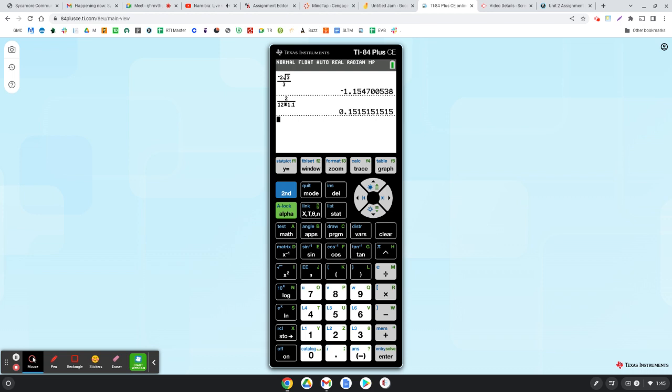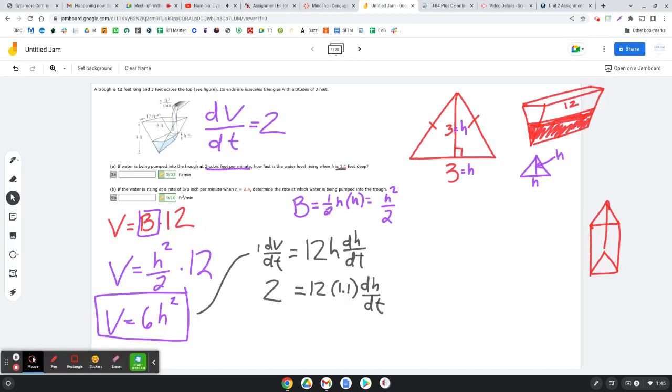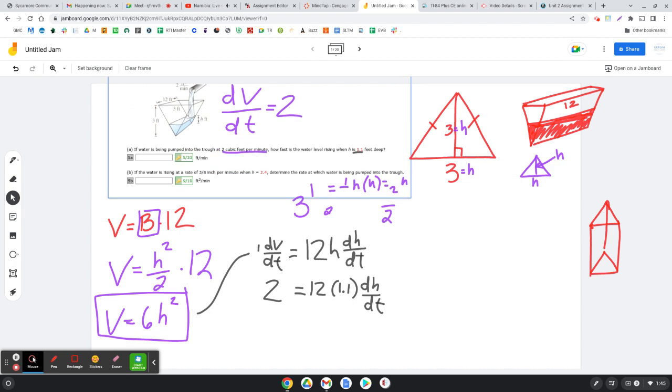Okay, and then if I wanted to, I could turn that into a fraction. Come on. 5/33. What did they have? 5/33. Okay.